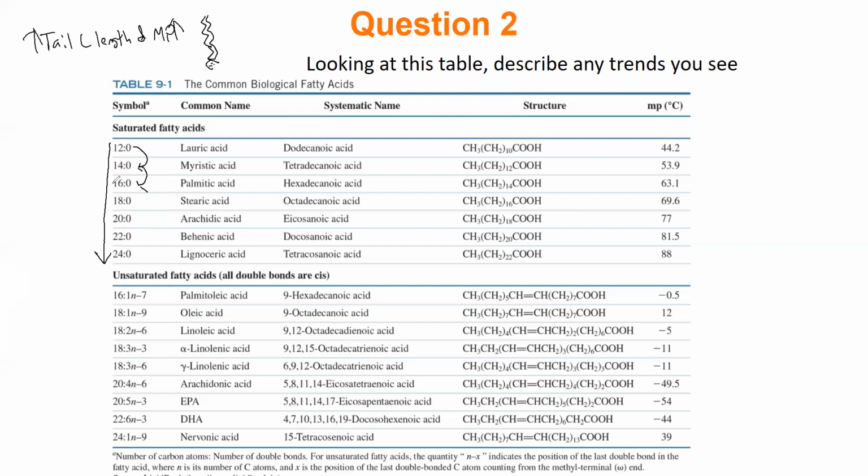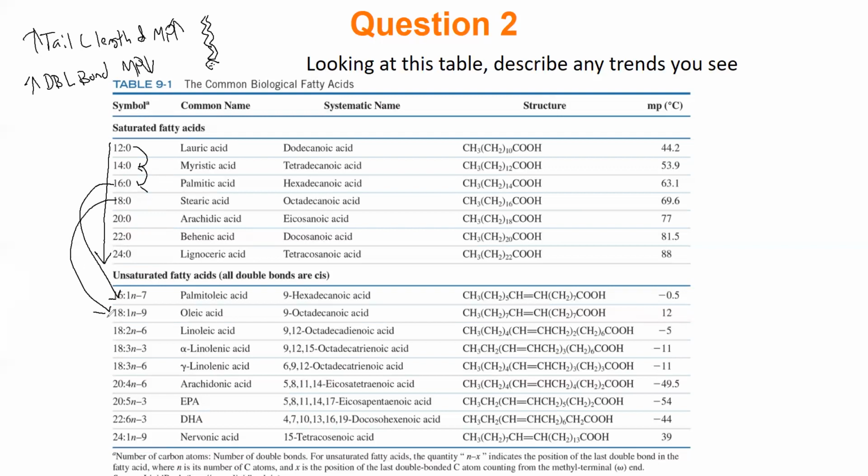Something else. When you add a double bond, so if we're going from 16-0 to a 16-1, or an 18-0 to an 18-1, adding that double bond decreases melting point a lot. So as you increase double bonds, melting temperature goes down.